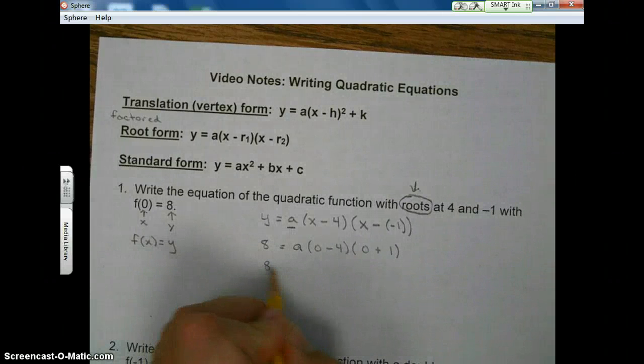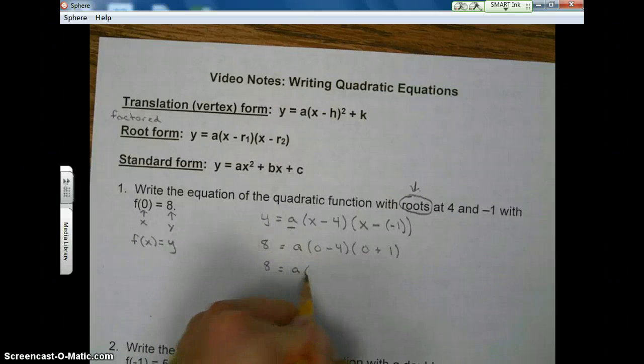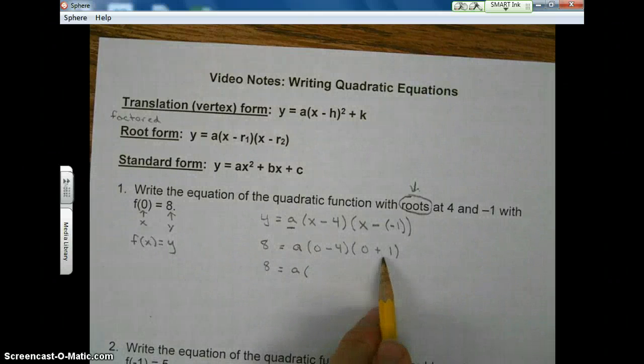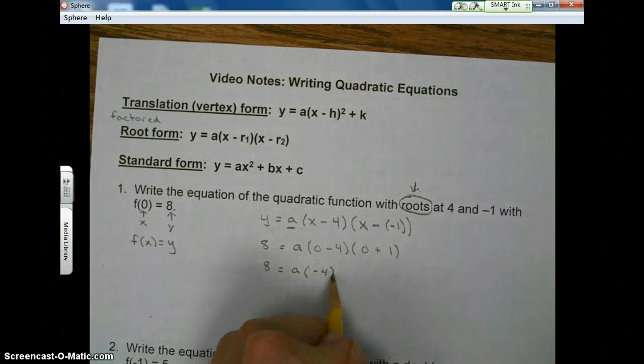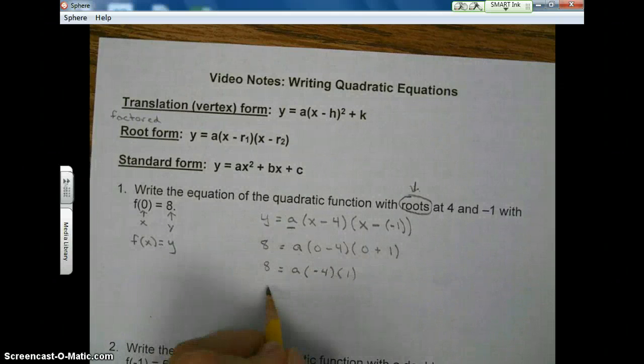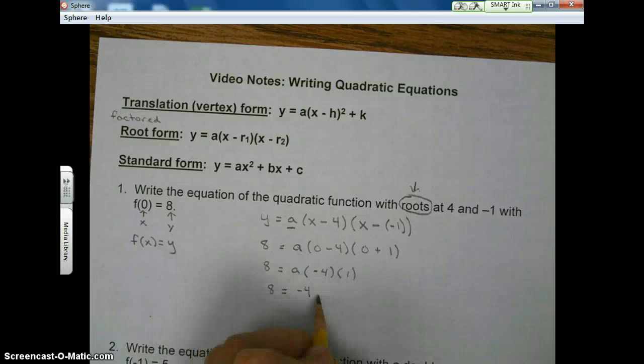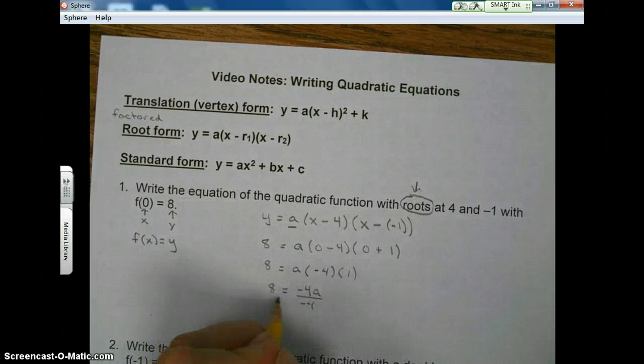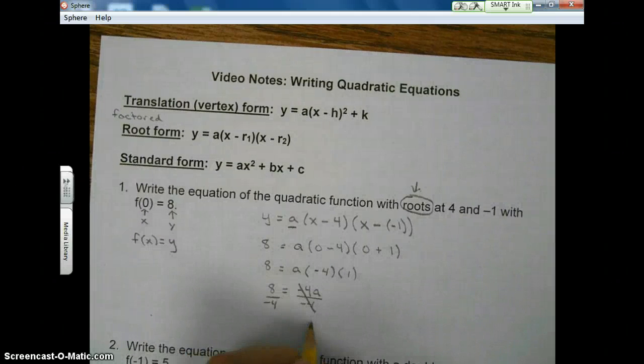Okay, so 8 equals a times, that's going to be -4, that's going to be 1. So we get 8 equals -4 times 1, which is -4a. Divide both sides by -4. We get a equals -2.